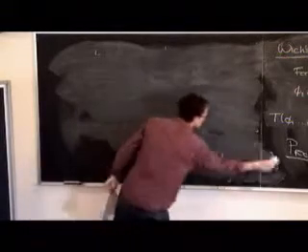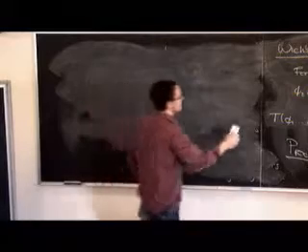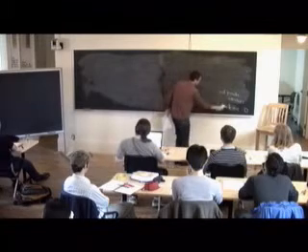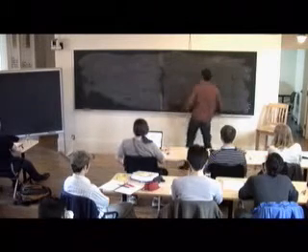The example we're going to do is the scattering of two particles, again in this theory that has a single complex scalar field and a single real scalar field.